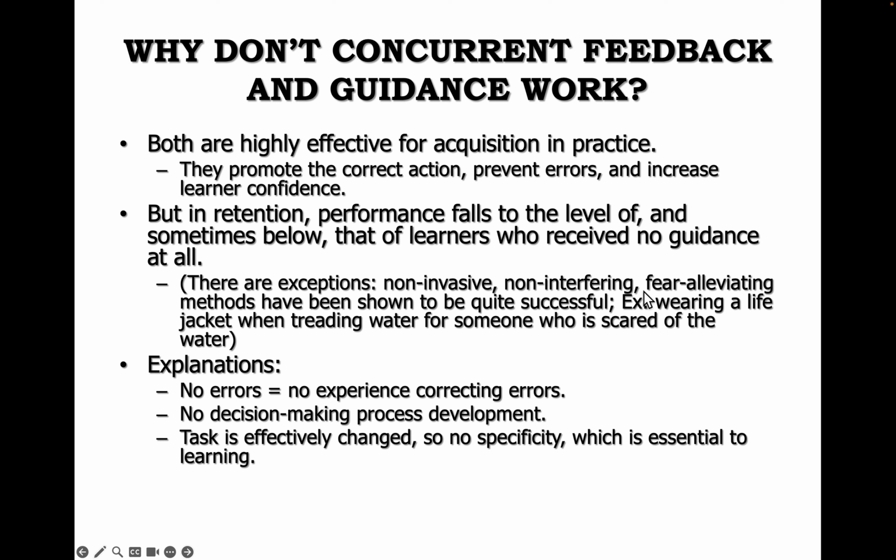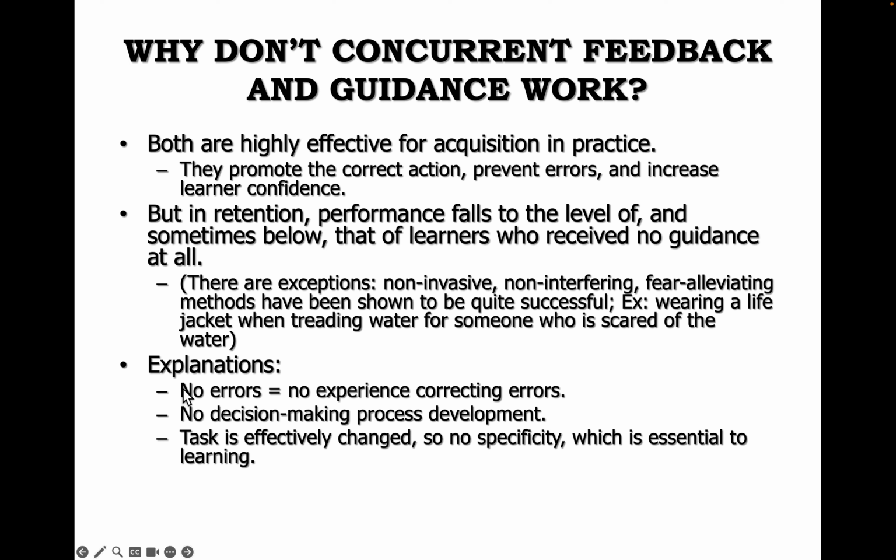Providing that life jacket makes them feel safe. In this case, to help make someone feel safe, that's when guidance feedback might actually be more beneficial, especially in scary situations for people who would otherwise normally freak out or not undergo the task at all.